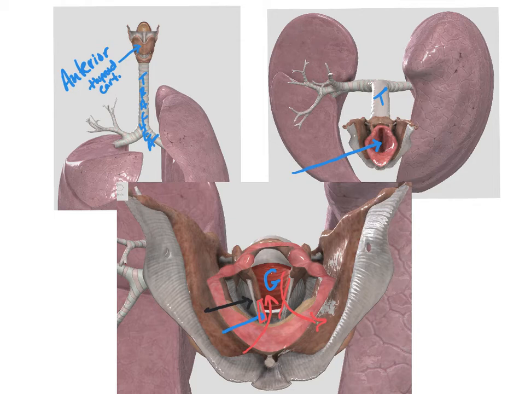Primarily what changes the vibration frequency of those folds is how thick or how thin they are. And so there are muscles that will stretch those folds all the way across here and thin them out. Or when those muscles relax, those vocal folds get thicker. The thinner those vocal folds are, the higher the pitch of the sound, and the thicker those vocal folds are, the lower the pitch of the sound.